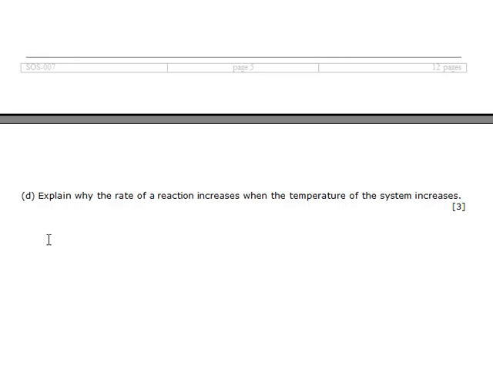Explain why the rate of reaction increases when the temperature of the system increases. Well, the main reason is there are more particles that have the required activation energy. But also, there are more collisions per unit time.